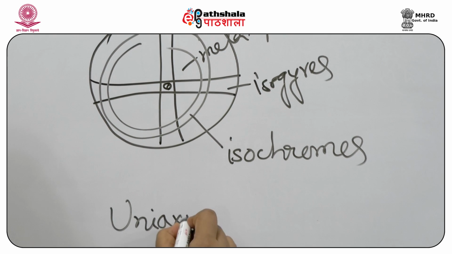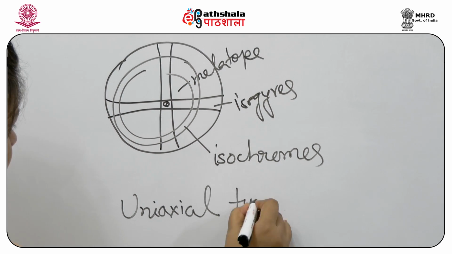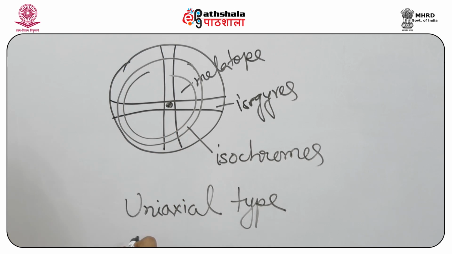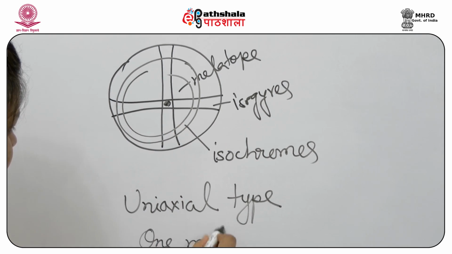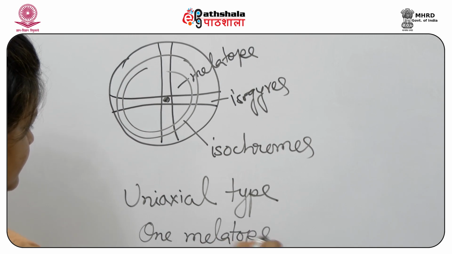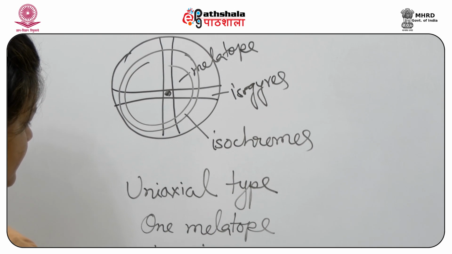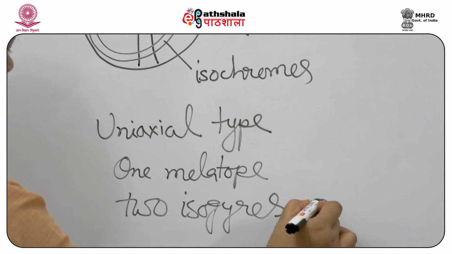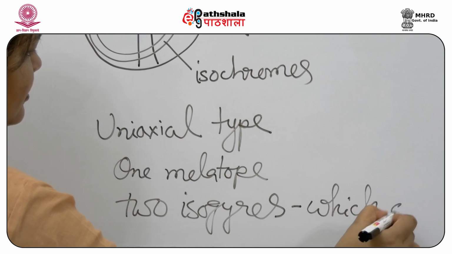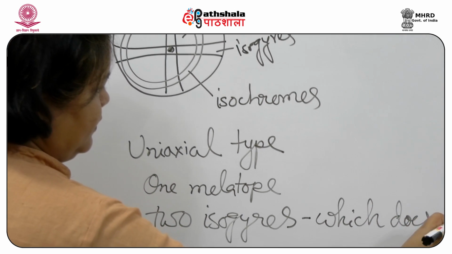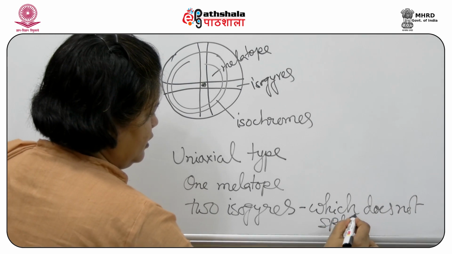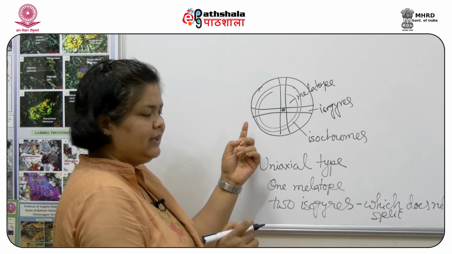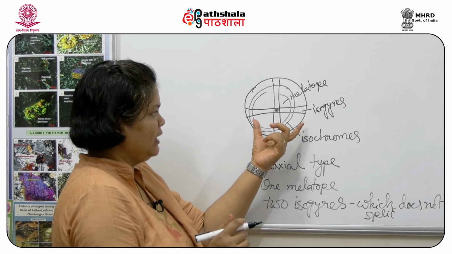What is important to note here is that in the uniaxial type we have only one melatope and two isogyres, which do not split on rotation of the microscope stage. It will move from the field of view, but it will not split into two isogyres.